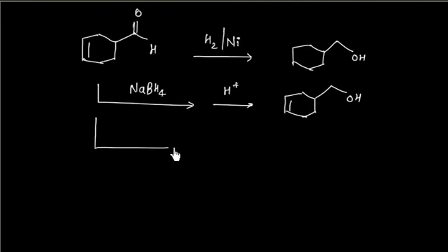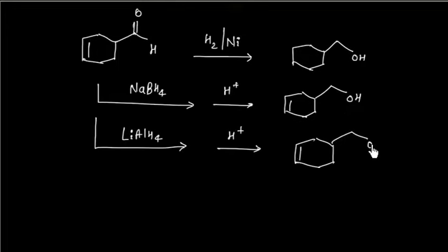Or we can use lithium aluminum hydride followed by protonation. This will also not reduce the double bond. So the double bond will remain as it is, and finally we will get an alcohol.